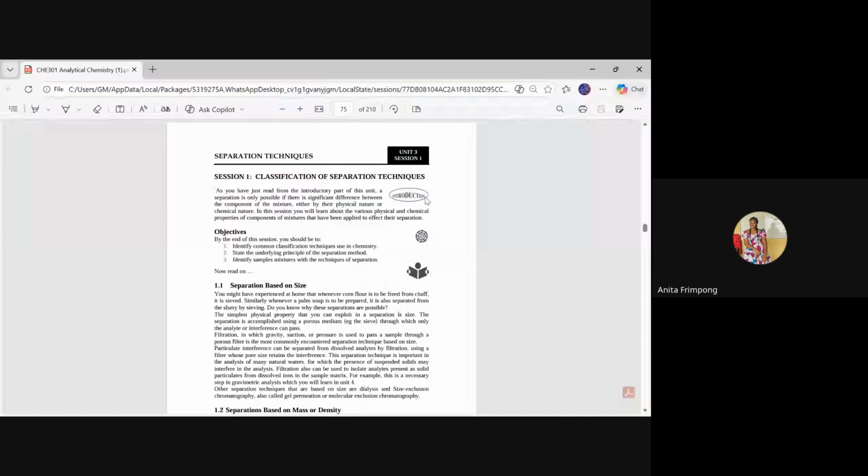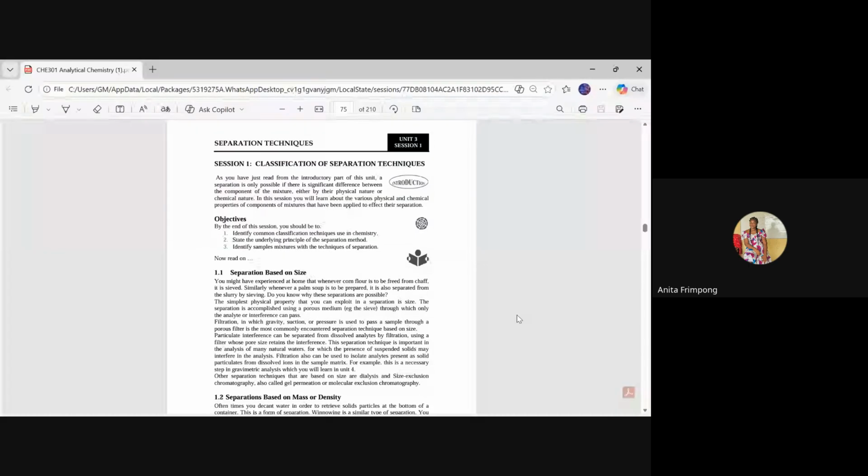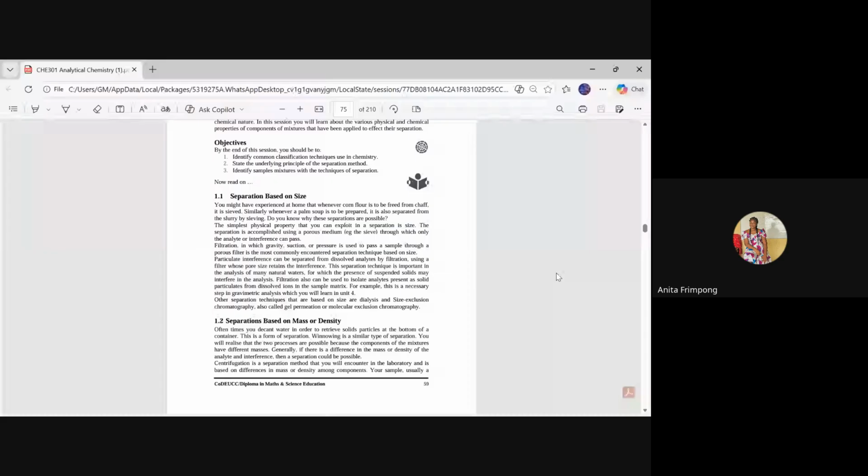Particulate interference can be separated from dissolved analyte by filtration using a filter whose pore size retains the interference. This separation technique is important in the analysis of many natural waters for which the presence of suspended solids may interfere in the analysis. Filtration also can be used to isolate analytes present as solid particulates.